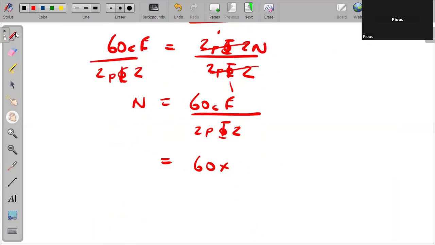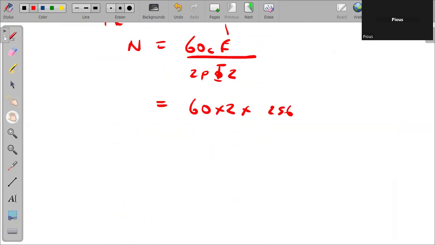So we substitute 60 multiplied by 2 multiplied by E, which we've just calculated as 256, divided by 2p. P is the pair of poles; we have a 4-pole machine, so the pair of poles is 2. Multiplied by the flux, 20 milliwebers, where milli is times 10 to the power of -3, which is a key thing to take note of, multiplied by the number of conductors, 680.